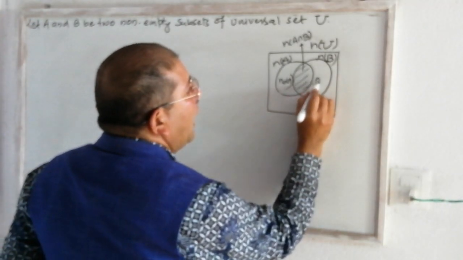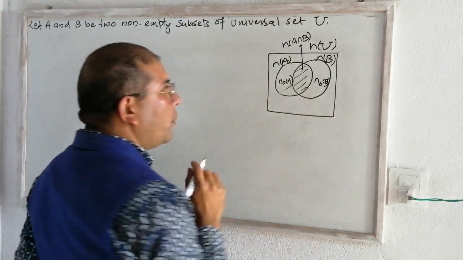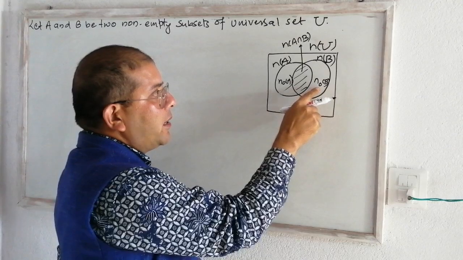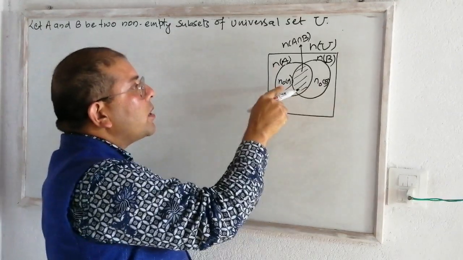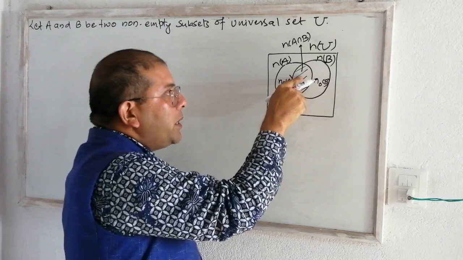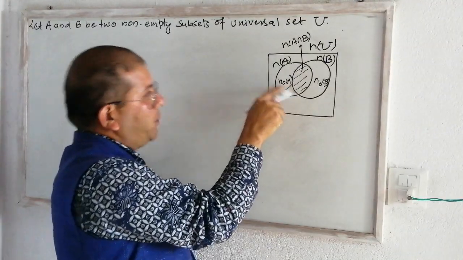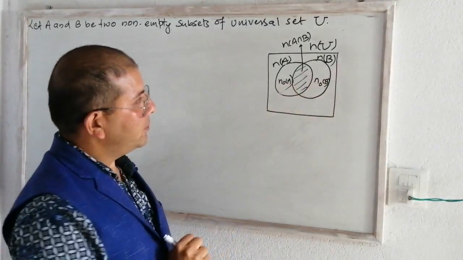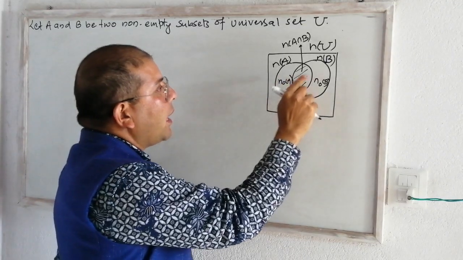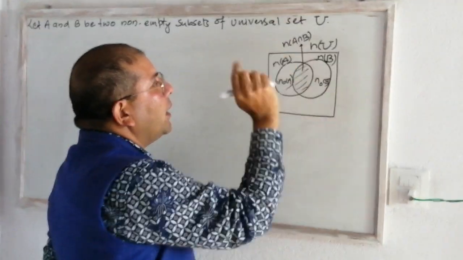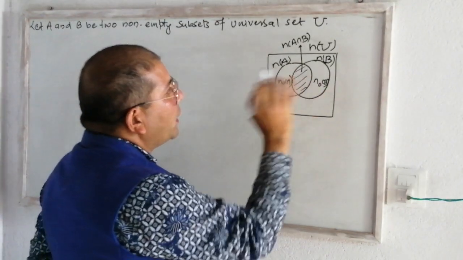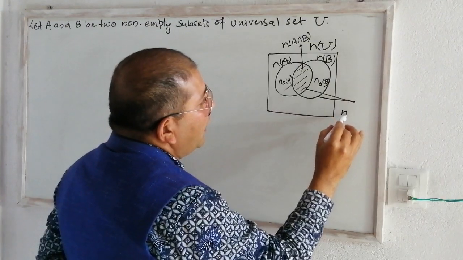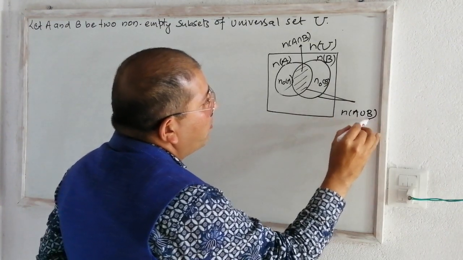Similarly, this is n naught of B. From set B, if we subtract the intersection portion, we'll get n naught of B. Now in A union B, there are three regions. Look here carefully. This, and this. So we can see in this A union B, it is n of A union B.